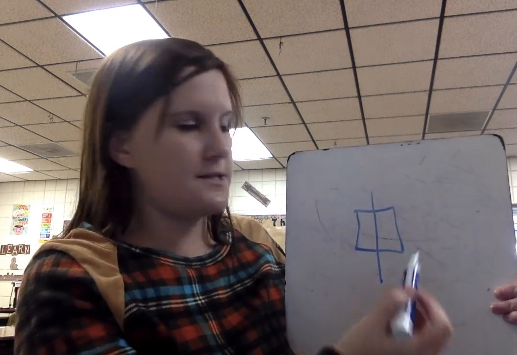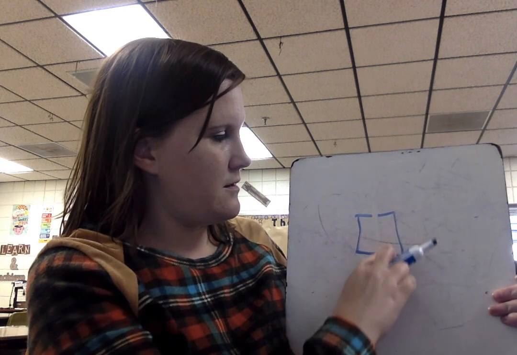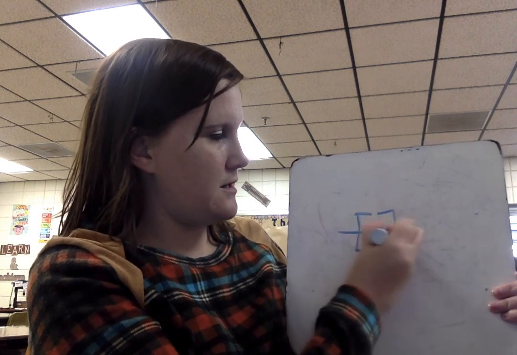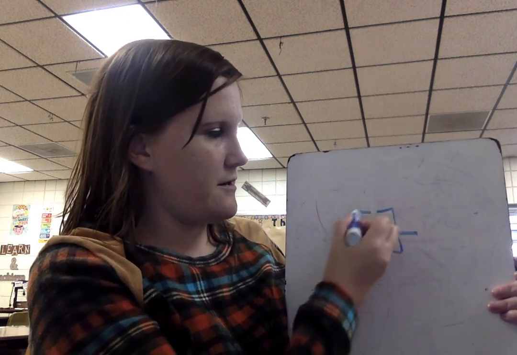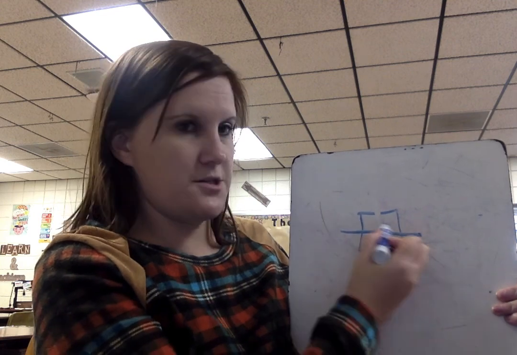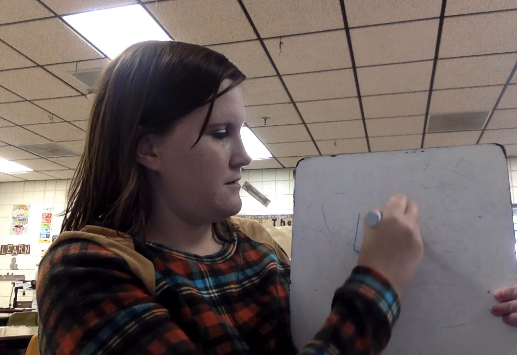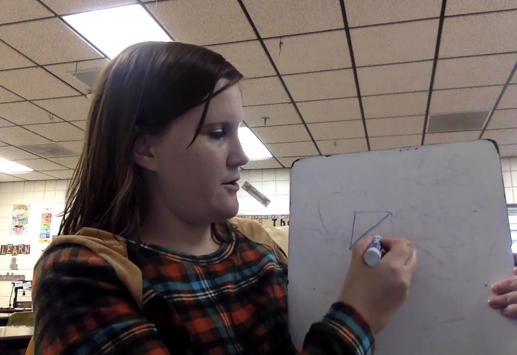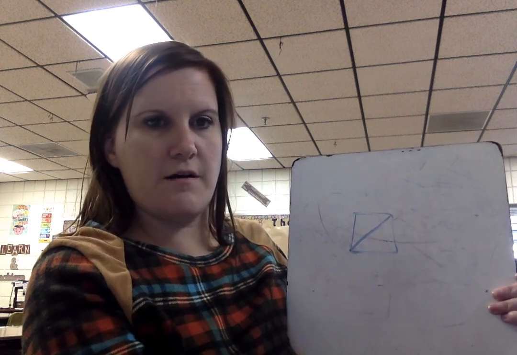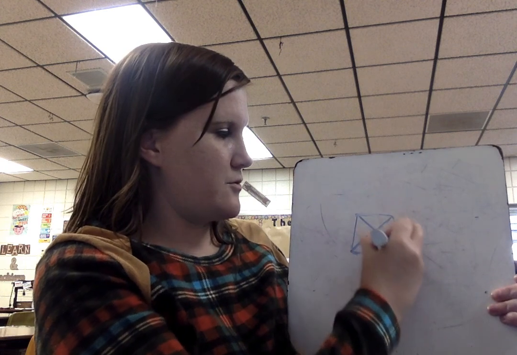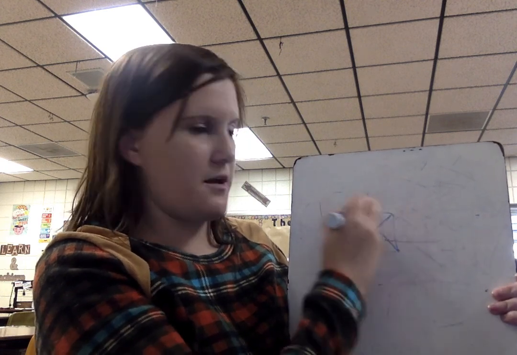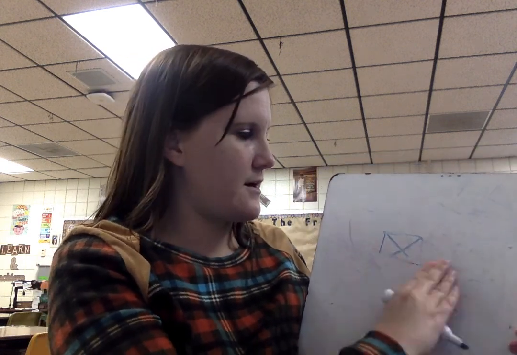So that is a line of symmetry. I see, if I drew a line here, this matches that. Here you can see that these are matching one another. And if you drew one there, these are matching one another. So there's 4 lines there.